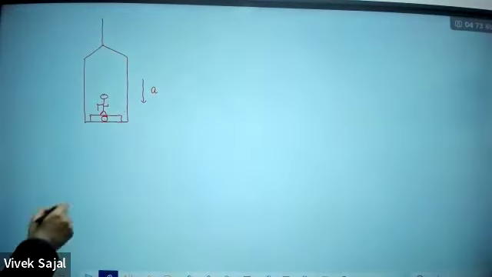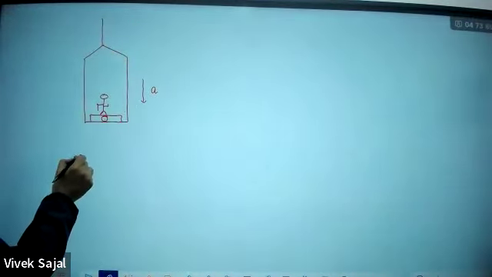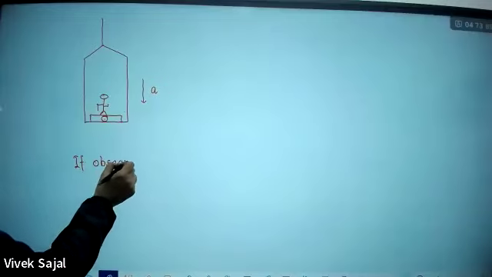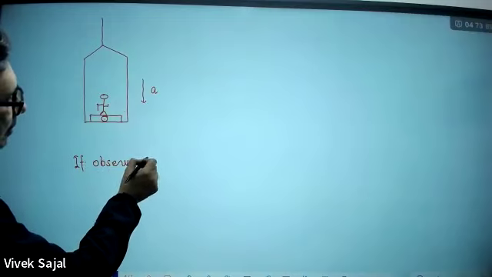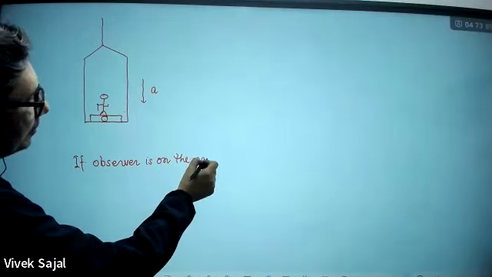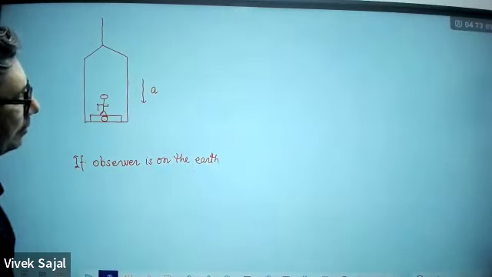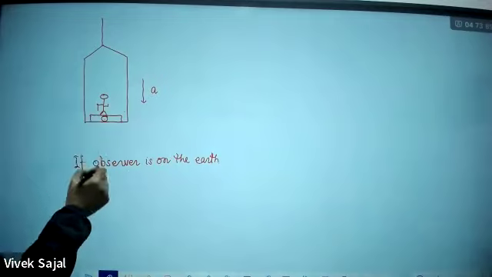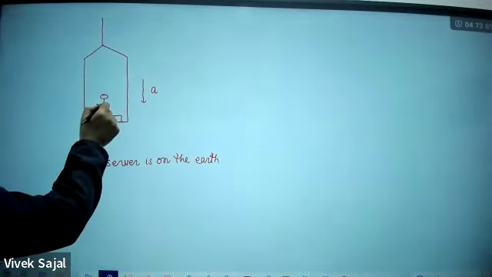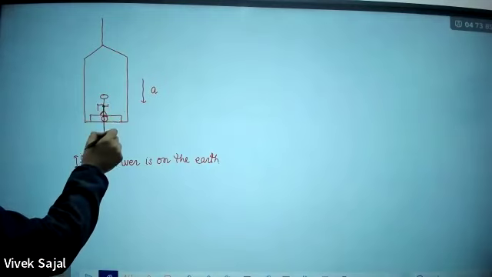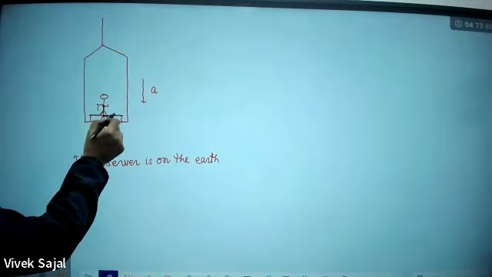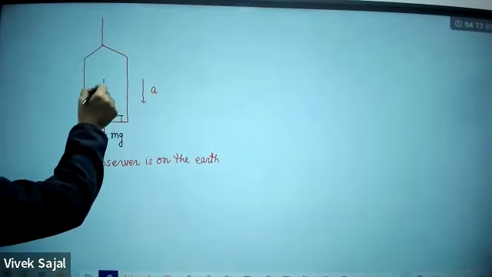So if the observer is on the Earth, how will he explain? He will say that the weight of this person is going to act in the downward direction, and this weighing machine is going to exert a normal reaction on it.